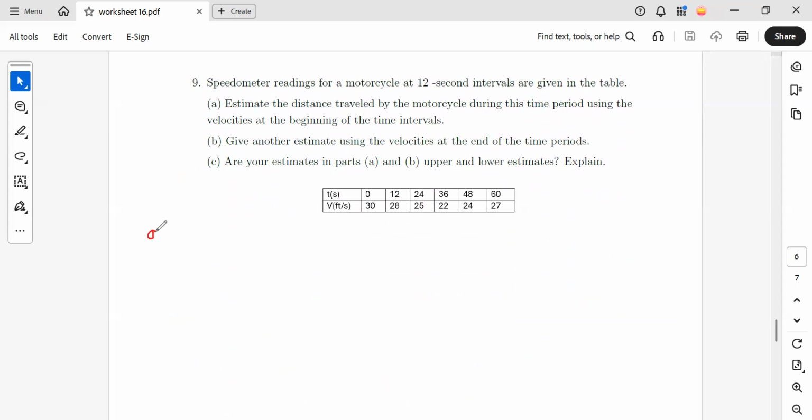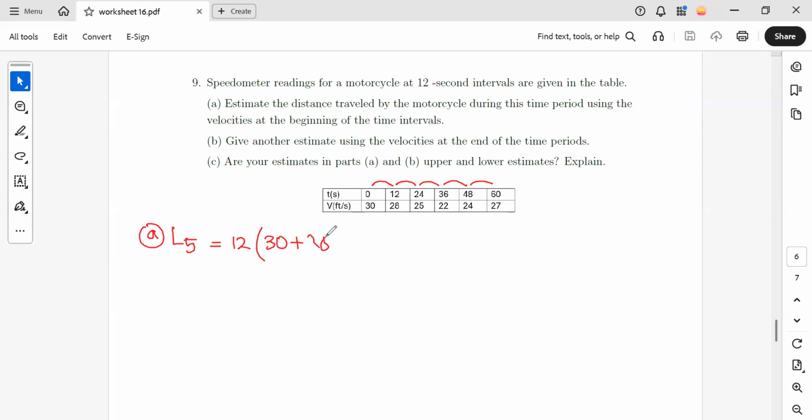For the first one, we are going to use L sub 5, which is delta x, the distance between all these that you see here, which are all 12, times the velocity. For the first one, you have 30 because we are using left endpoint. And then we don't use the last one.